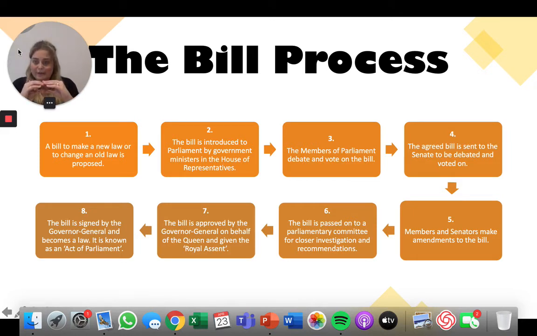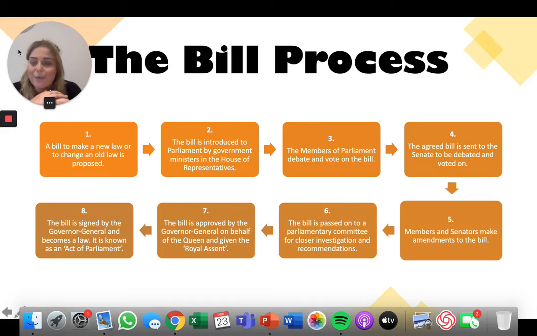The House of Representatives vote first, and they agree. It then gets moved up to the next one, which is the Senate, and then they do the exact same. So they debate on it and they vote on it. If they want changes to it, it's got to go back down to the House of Representatives, then back up to the Senate. The members and the senators make amendments to the bill, and the bill is then passed on to the Parliamentary Committee for closer investigation and recommendations.